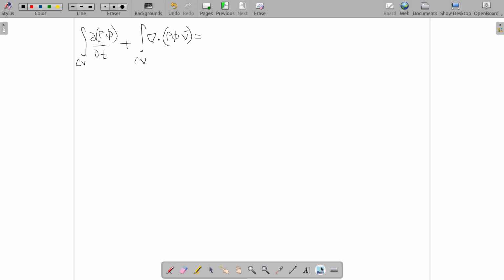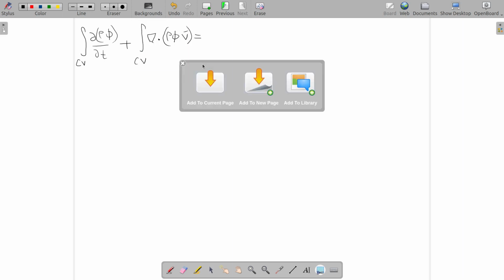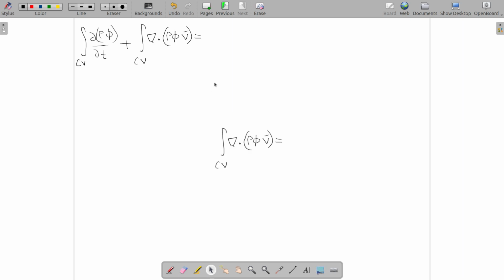When we integrate, this is basically volume integration, right, in the control volume. So that is integral of del rho phi by del t over CV dV.